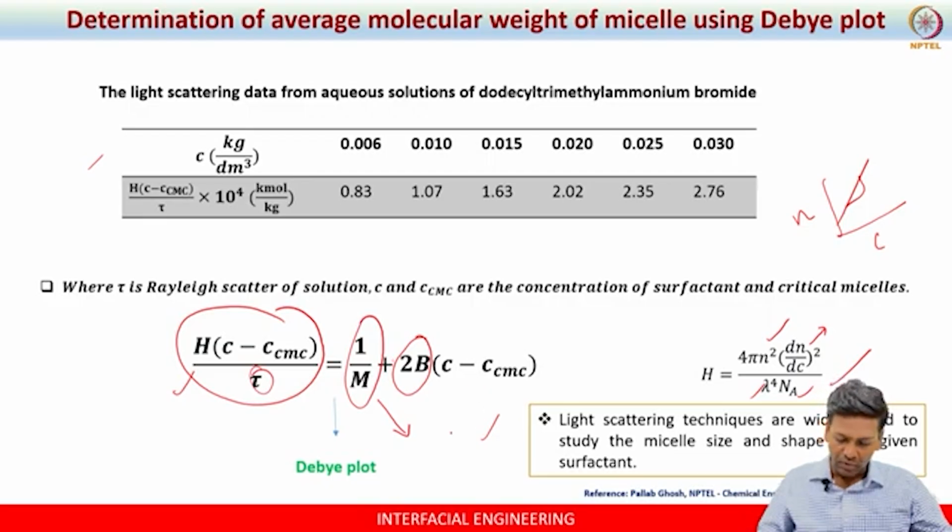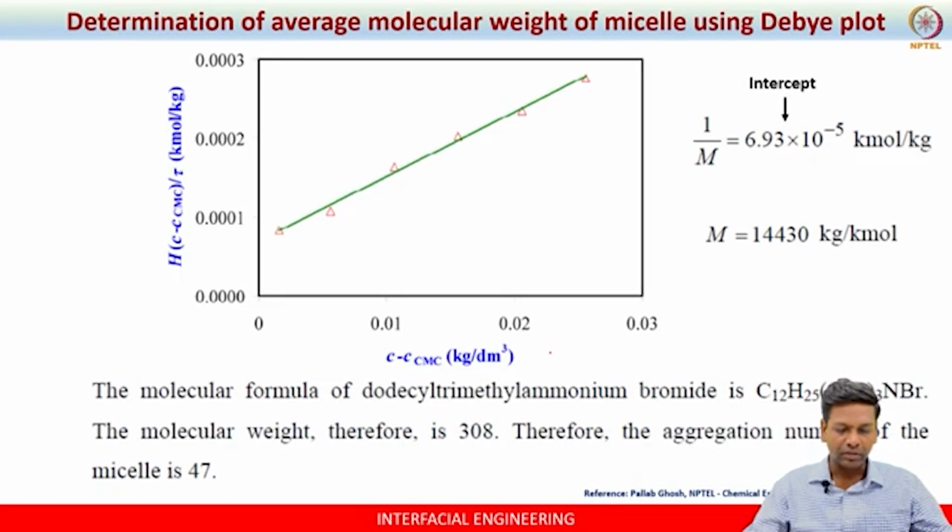When you plot them in this fashion, a straight line will be formed, and the slope of the line will give you the second virial coefficient. What is important for us in this plot is the intercept, right? One can calculate the intercept from this data, and that can be used to calculate the molecular weight of the micelle, right?